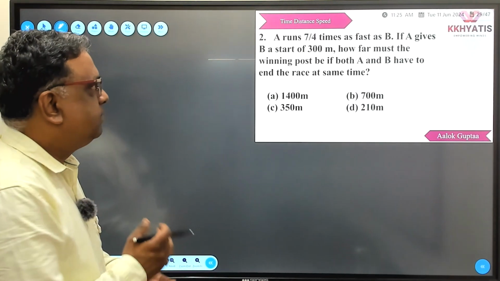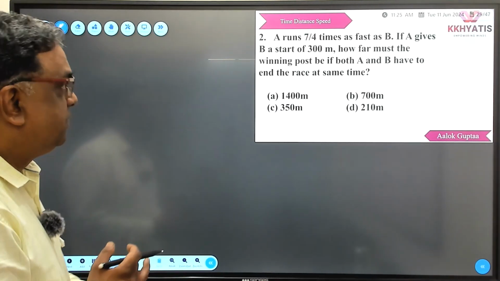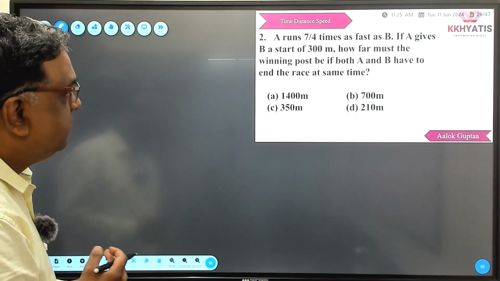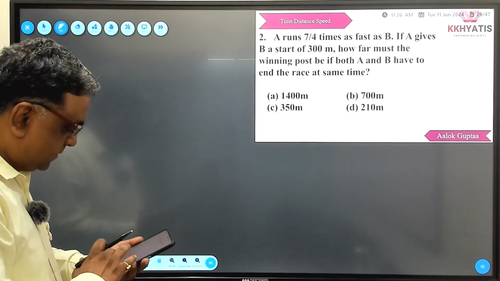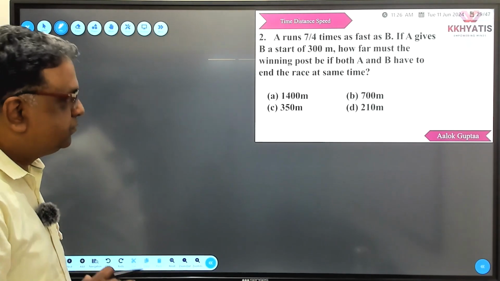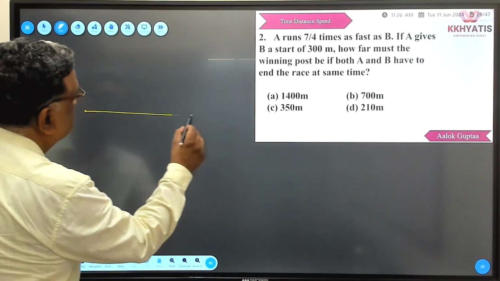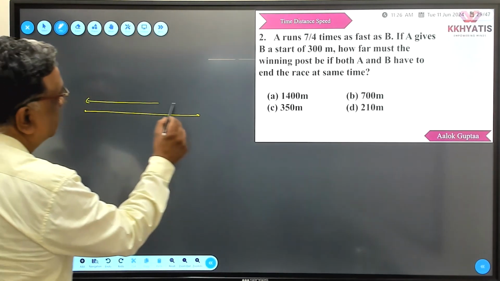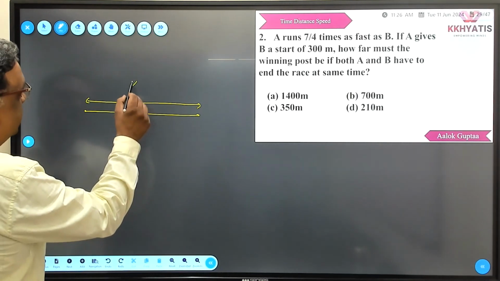A runs 7 by 4 times as fast as B. If A gives B a start of 300 meters, how far must the winning post be if both A and B have to end the race at the same time? So let us say this is the total distance, x.